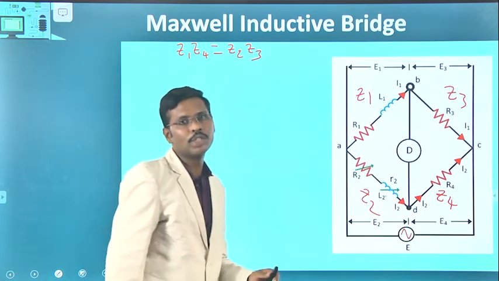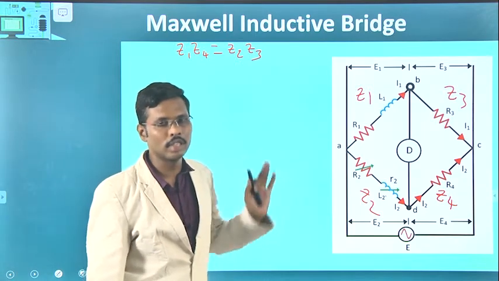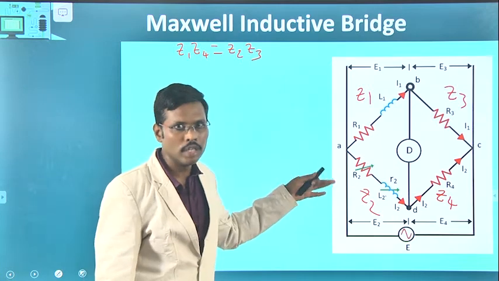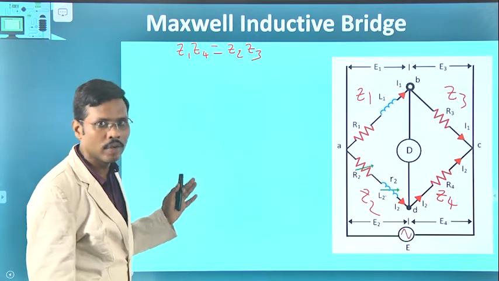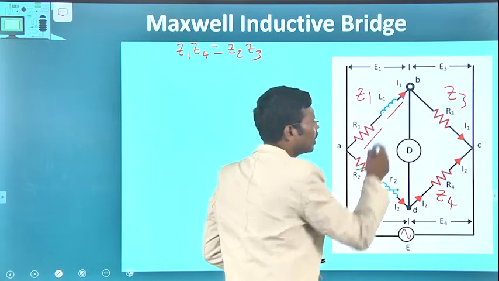Now, we will substitute the values of these 4 impedances Z1, Z2, Z3, Z4 from this circuit into this expression. Here the impedance Z1 is associated with resistance R1 and inductor L1.